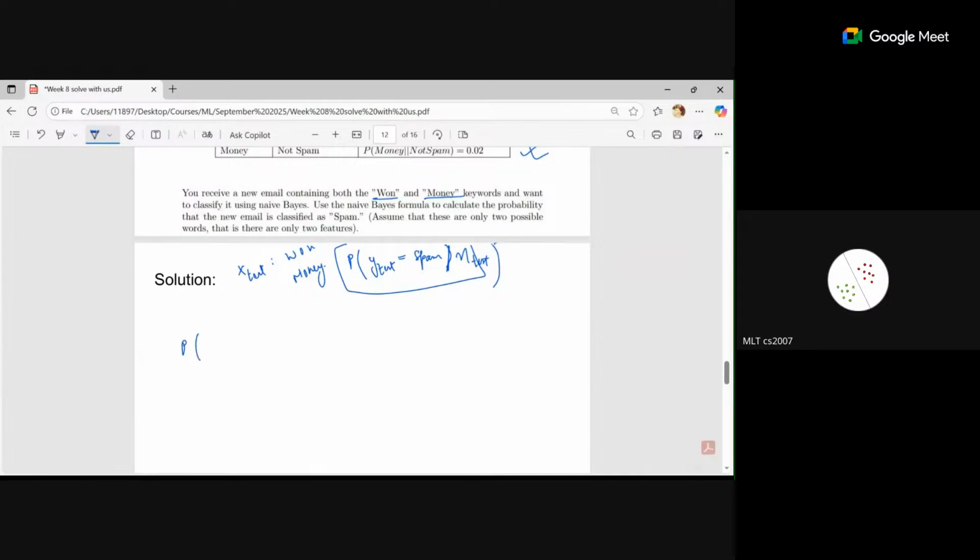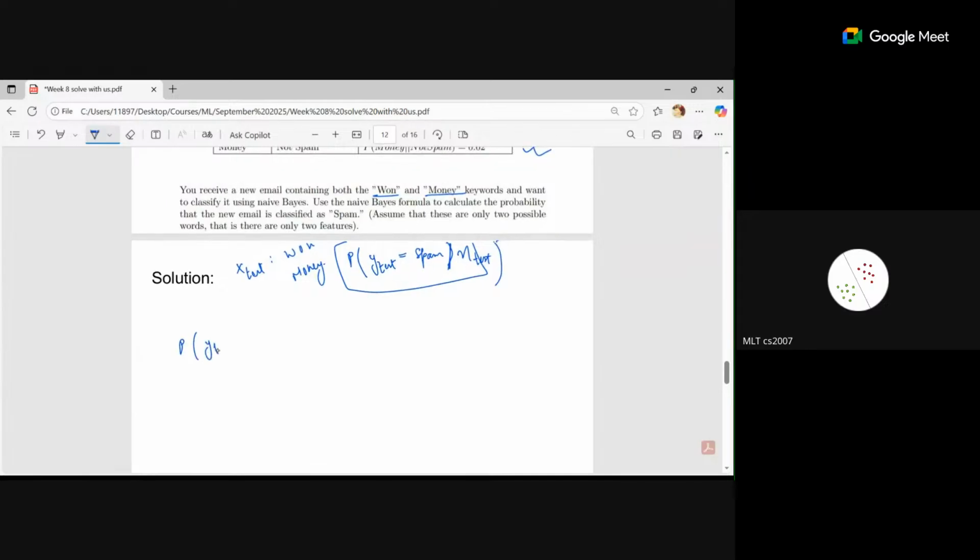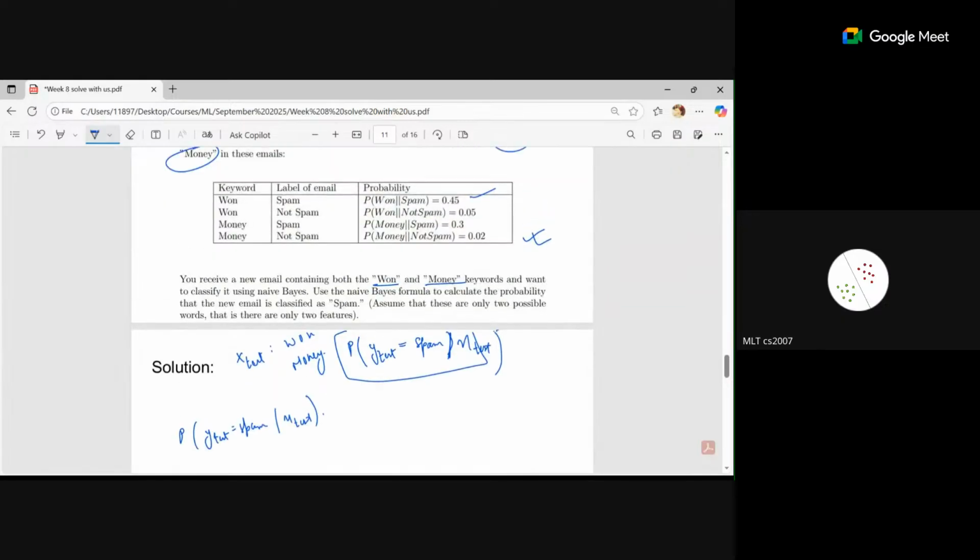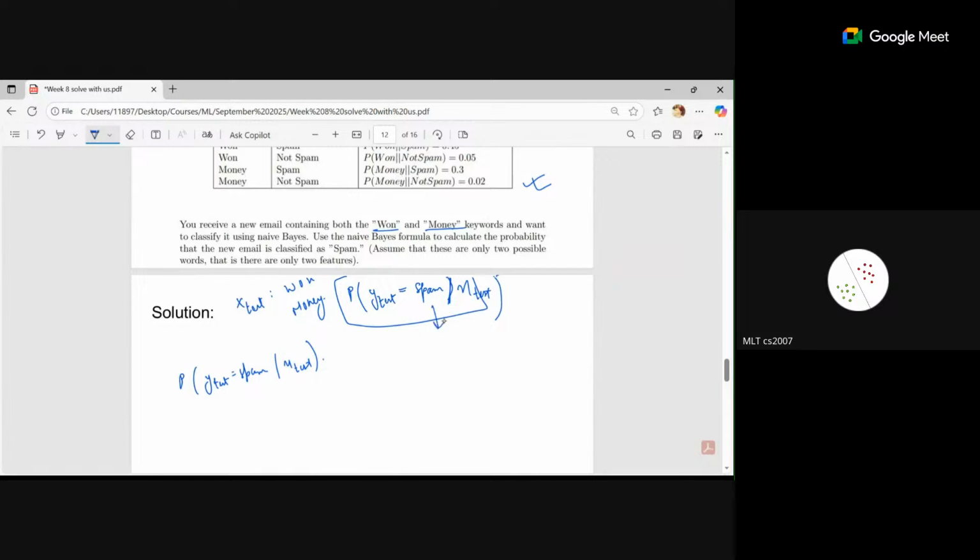So probability of y test to be spam given my x test. And maybe for making it simple, let's call spam to be 1 and non-spam to be 0. Since we are saying there are only two possible features, my x test should look like f1, f2, one and money, right? So how can we calculate this?